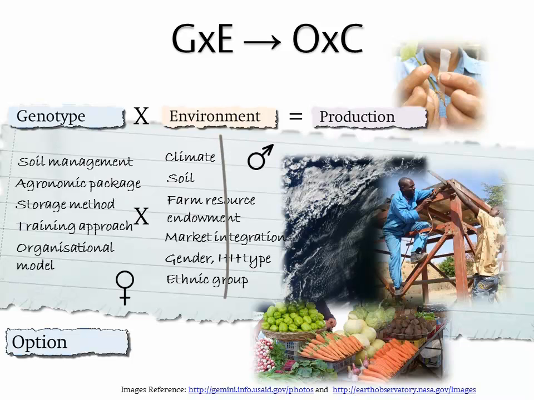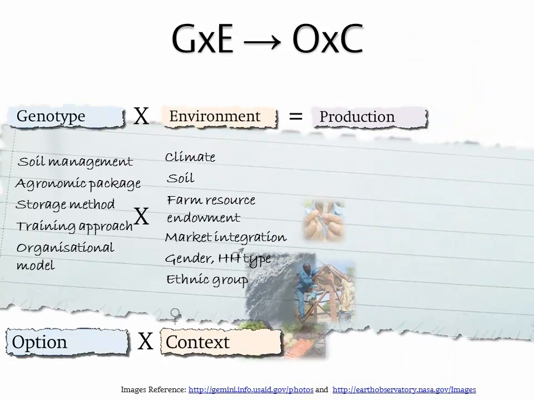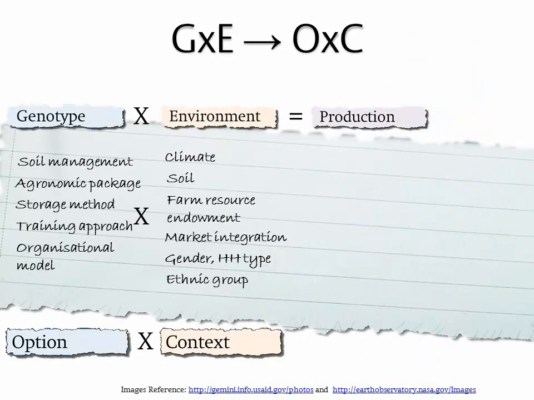So rather than just describing environment, we use the term context to describe the broad social, economic and ecological environment. And finally, we can think more broadly than just about production. Farmers and people looking at farm systems aren't just interested in production, they're interested in other variables like risk, like profitability, or some general notion of what is acceptable.